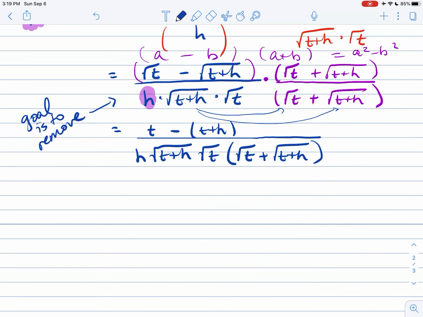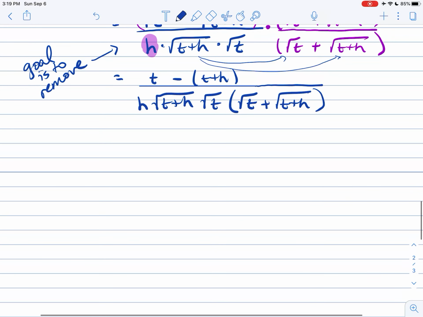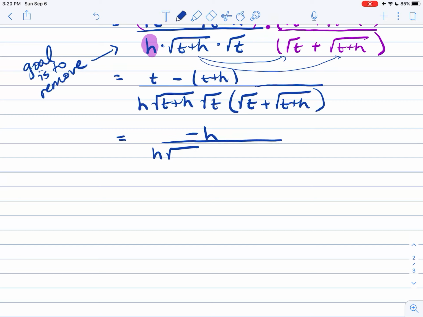So far, so good. Now I'm going to clear the parentheses of my numerator, and I get t minus t minus h, and so that's going to give me minus h over h times the square root of t plus h times the square root of t times the square root of t plus the square root of t plus h.